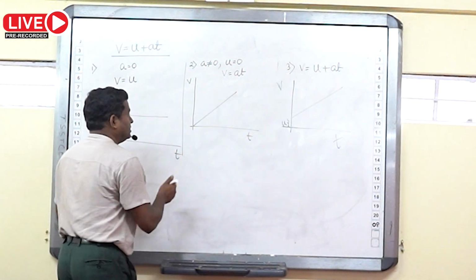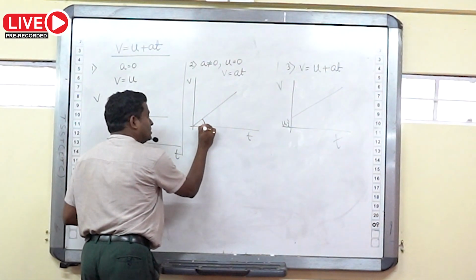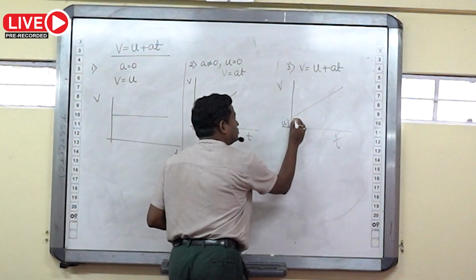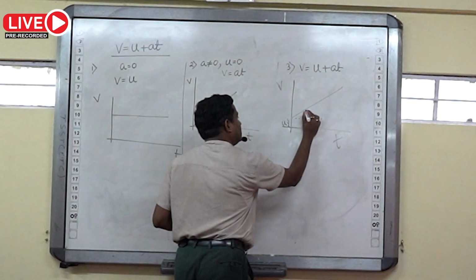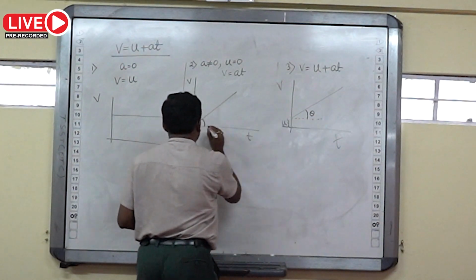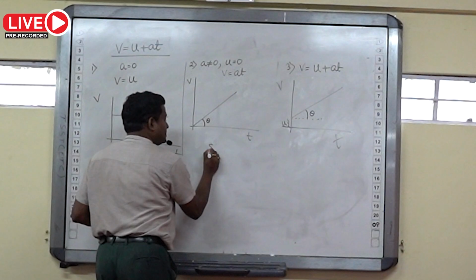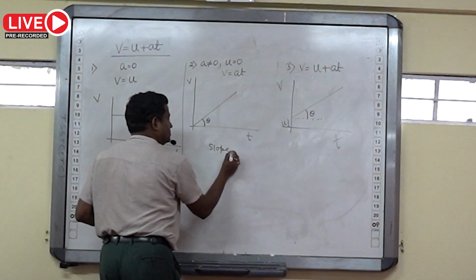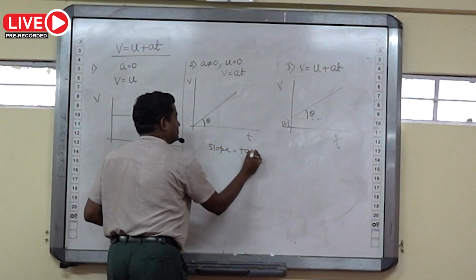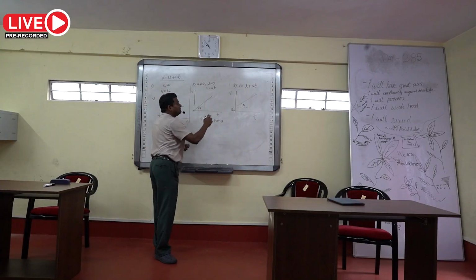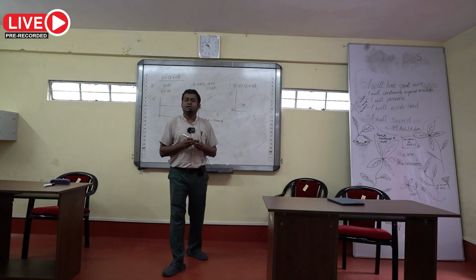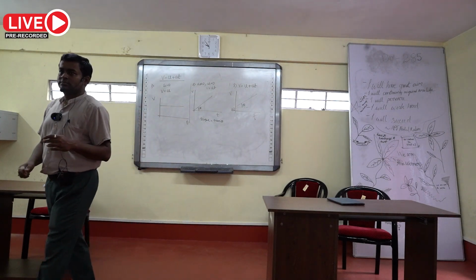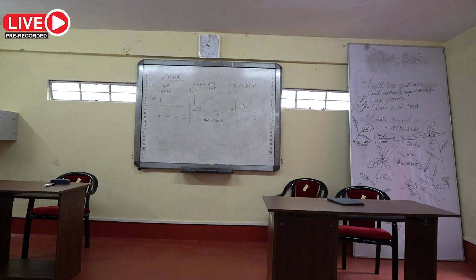Positive slope means you can also draw a horizontal line and take this one as theta. Then slope is defined by tan theta. Now see, in both these cases tan theta will be positive because theta lies in the first quadrant, it is less than 90.